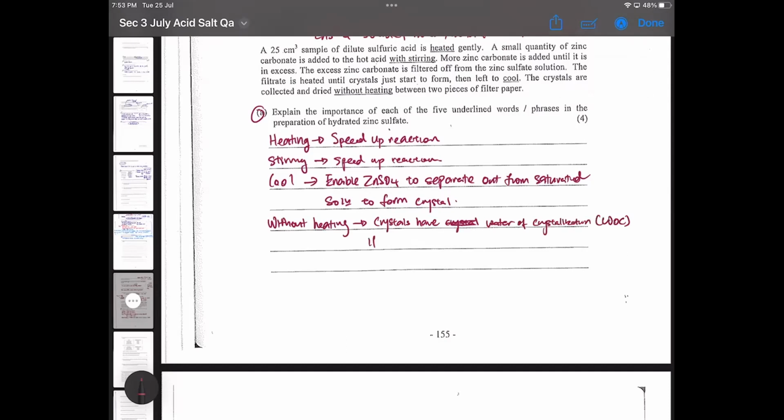So if a hydrated crystal, that means with water of crystallization, is heated, okay, it will lose the water of crystallization.